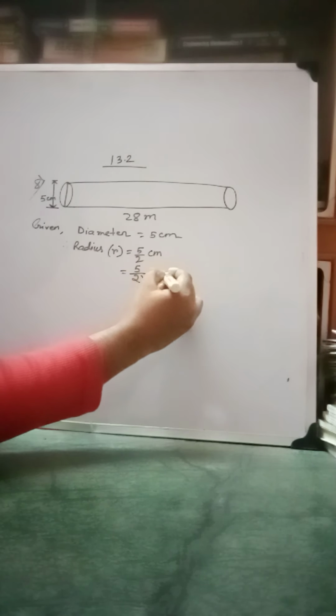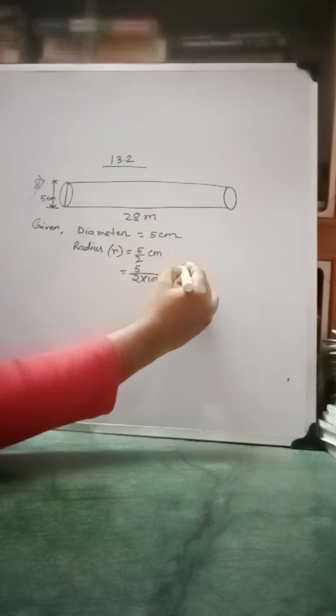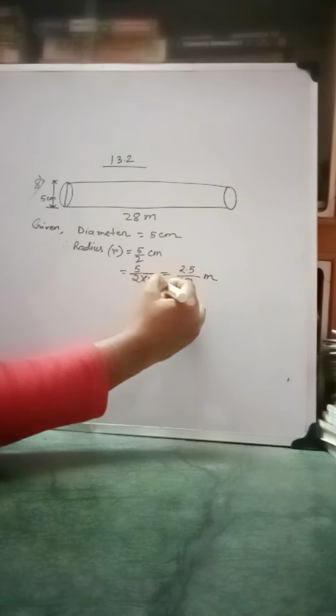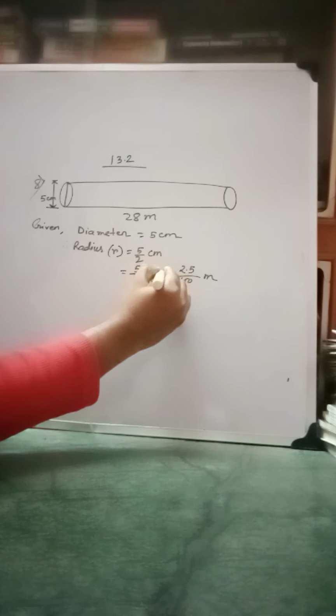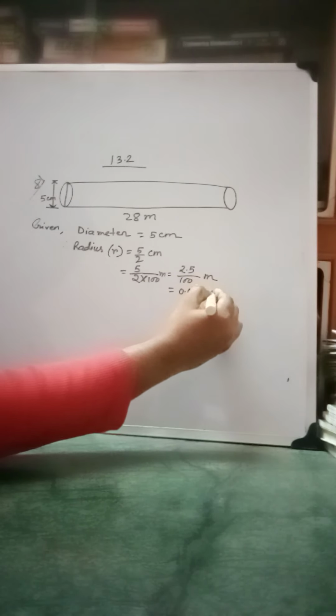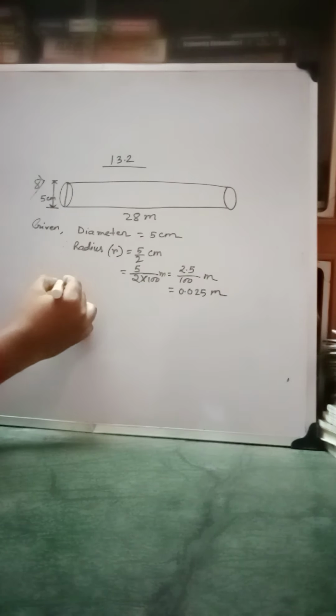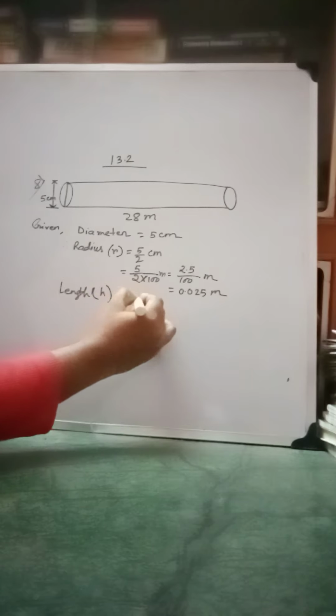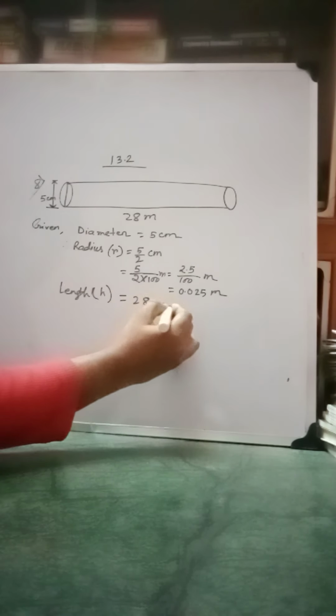So ultimately 5 by 2 means 2.5 by 100 meter, so 0.025 meter. And the length means height is 28 meter.